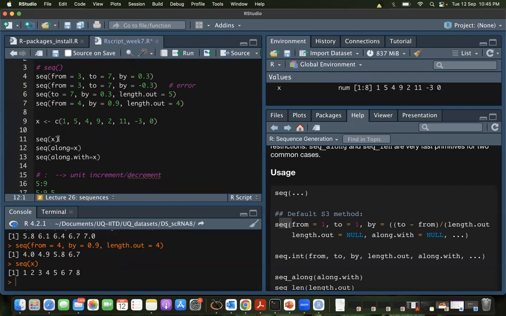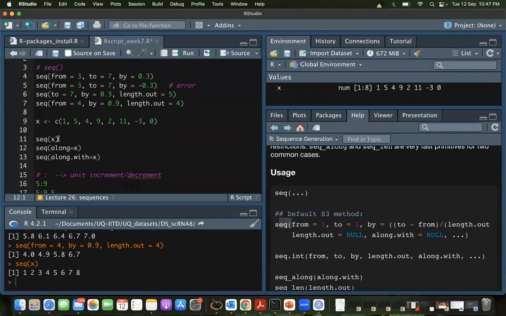You remember how in the for loop we used to say for i in some numbers, or i from 1 to 10? Because you're iterating over something, you want a particular sort of sequence.